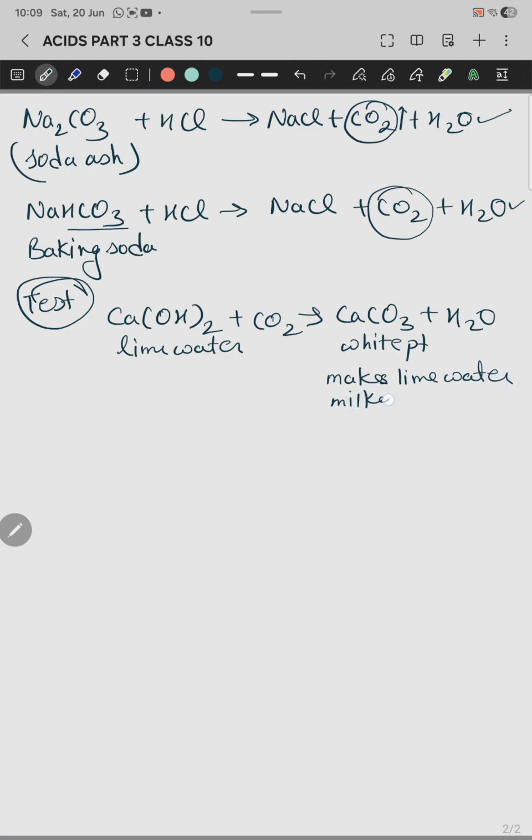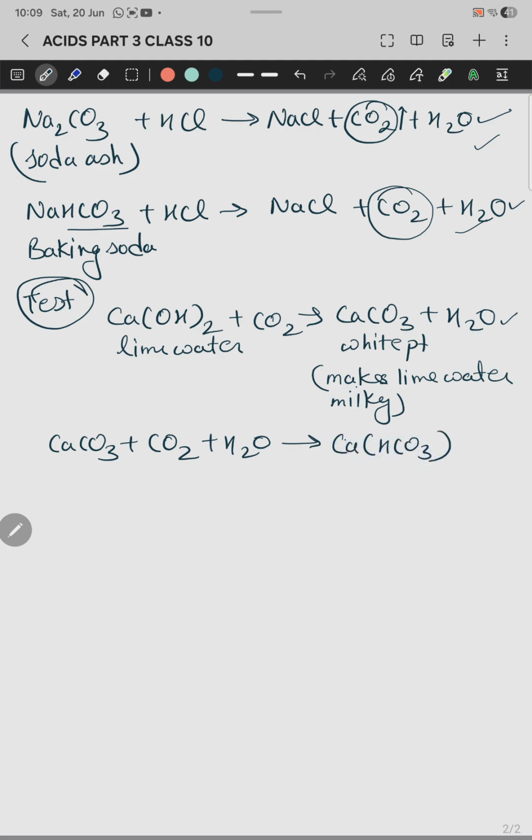So this is the indication that carbon dioxide is present in both of the above reactions. Now if I take more carbon dioxide, suppose I am passing carbon dioxide continuously with water in the same reaction, then a clear appearance will show and calcium hydrogen carbonate will form.